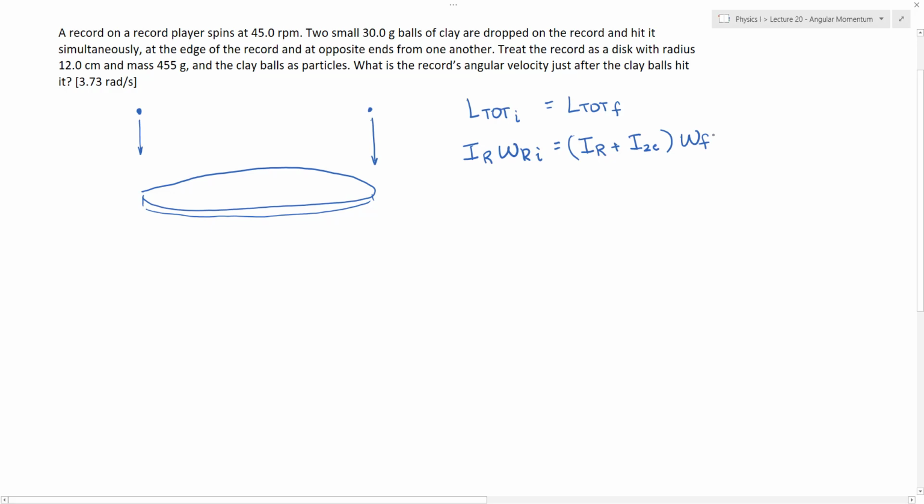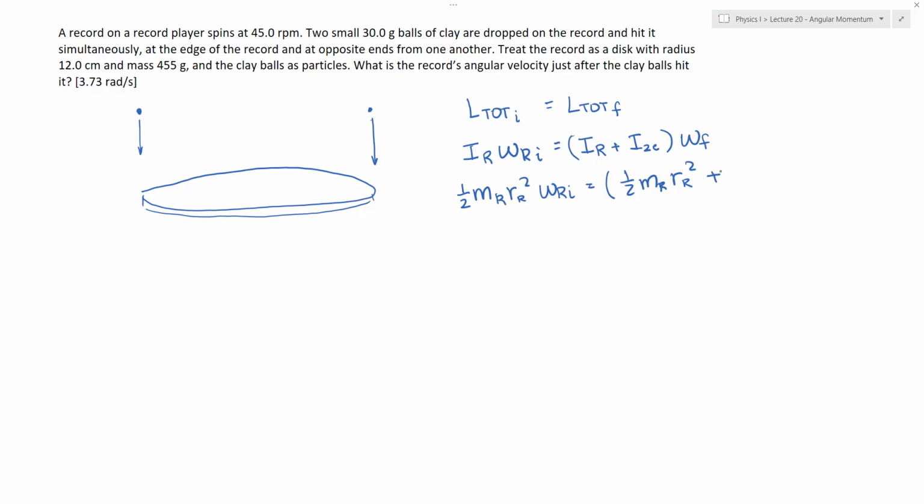So we have to think about what we're putting in for I. I for the record is a disk. If we look at the table of moments of inertia of different shapes, the moment of inertia of a disk is just 1/2 mass of the record, r of the record squared. So 1/2 m r of the record squared, times omega of the record initially, is equal to I of the record, same thing, 1/2 m r of the record squared, plus the moment of inertia of those two balls of clay.